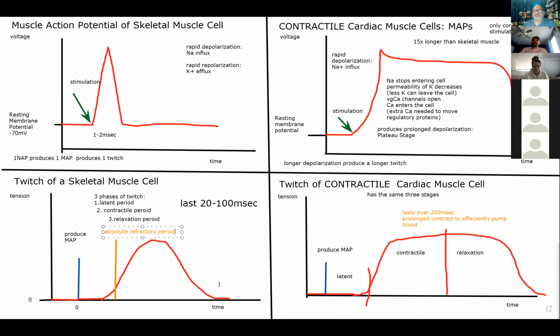That's how we're able to add those waves of tension together, get that wave summation, and tetanize the muscle. Whereas, remember, our absolute refractory period for our cardiac muscle is after the twitch ends. So no wave summation, no tetanizing of the muscle.